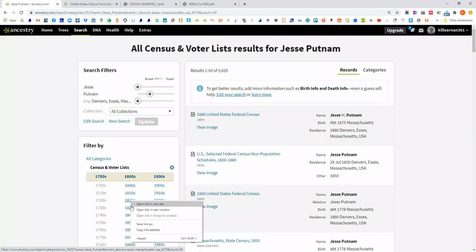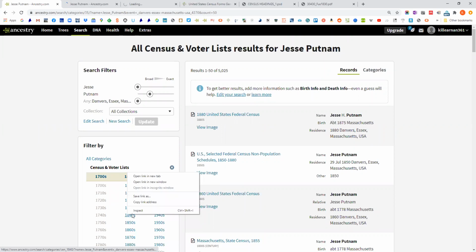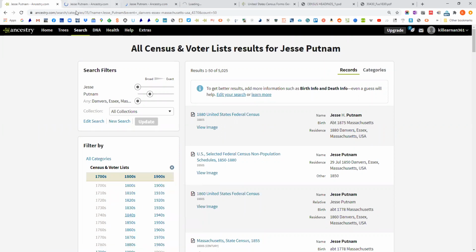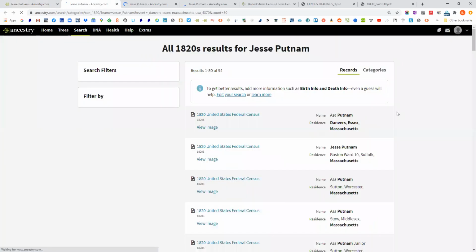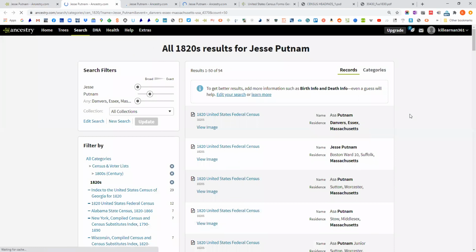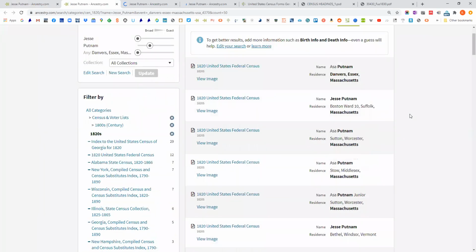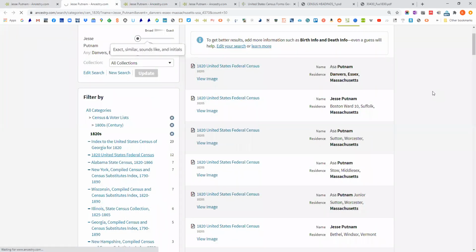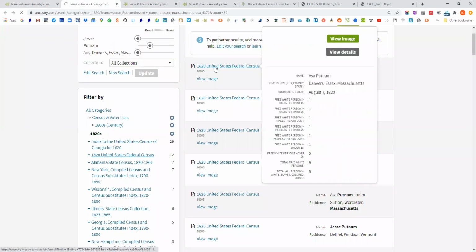And let's do a couple of these. So that's interesting that they think that Asa and Jesse are the same name. But let's look at 1820.